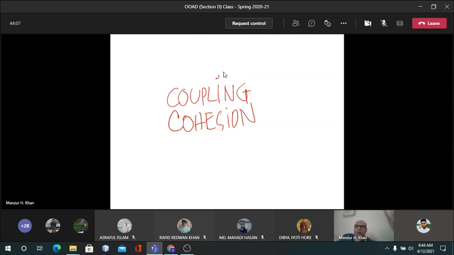The fact that the component should be individually well designed, that's called cohesion. And the fact that how they should relate with each other, that's coupling. So cohesion focuses on the internal design of the components. Coupling focuses on the external communication or relationship.